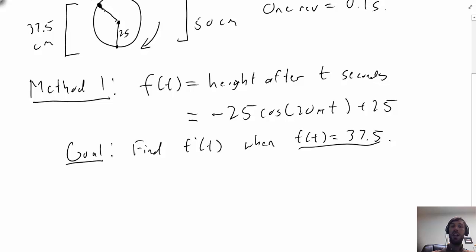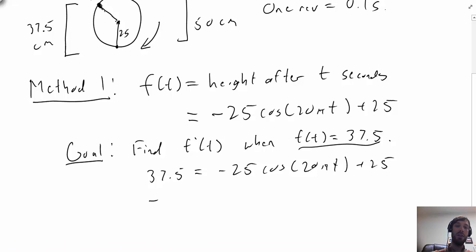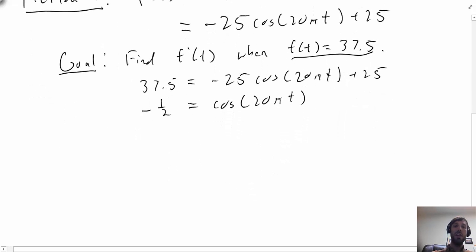All right. Now, if we plug in 37.5 for f into our formula here for height, we can subtract 25 from both sides and divide by negative 25, and we come up with the formula negative 1/2 should be cosine 20 pi t. Okay. Now let's think about where this happens on the unit circle.